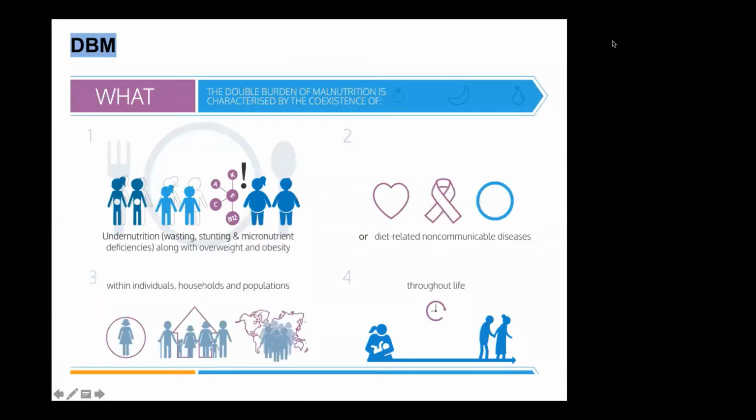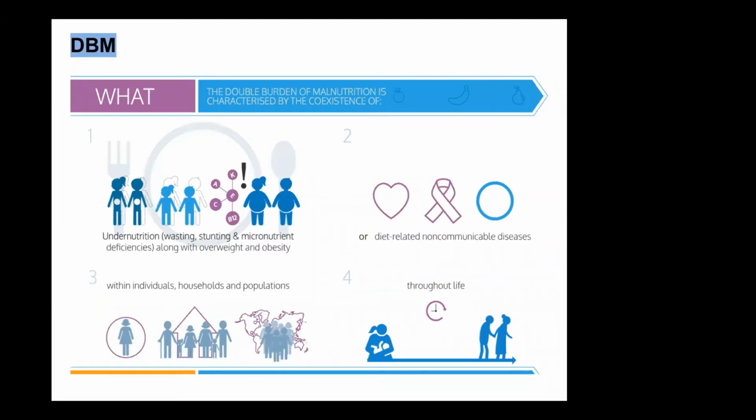Okay. So the double burden of malnutrition is the situation where undernutrition exists along with overweight, obesity, or other diet-related non-communicable diseases that we just saw in the video.